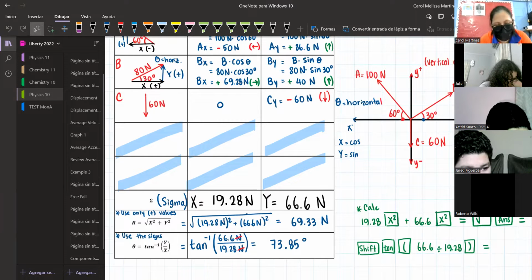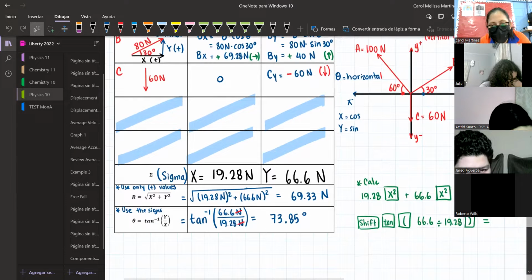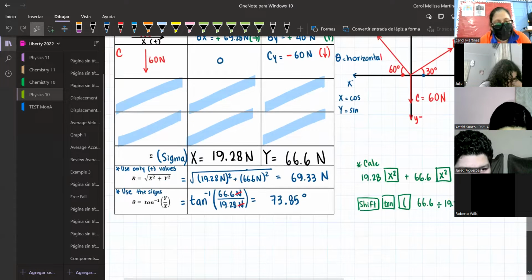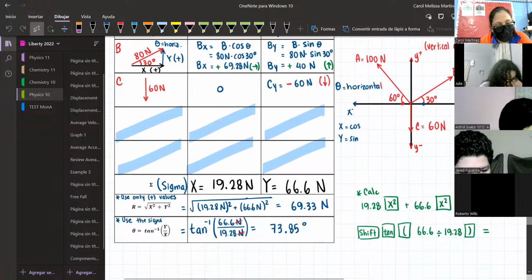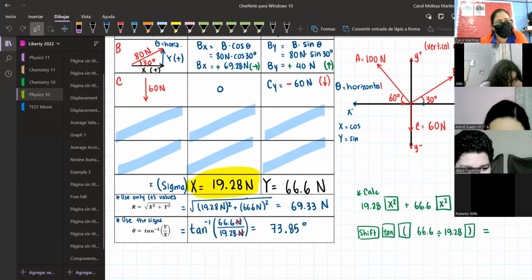Now, I want you guys to see what this means, okay? This answer from here represents the horizontal component in a right triangle.